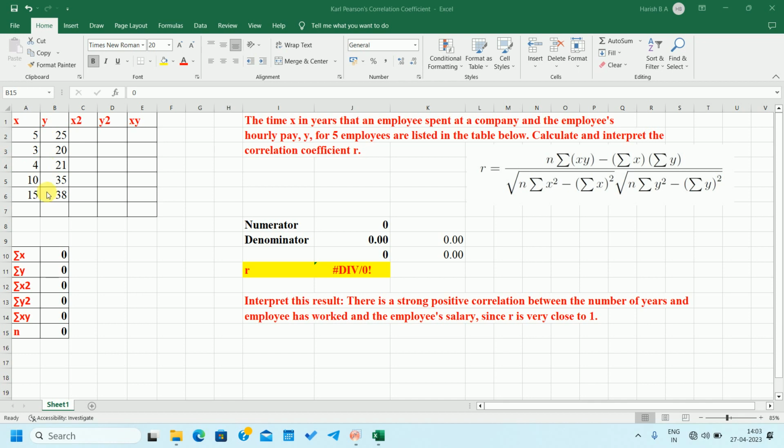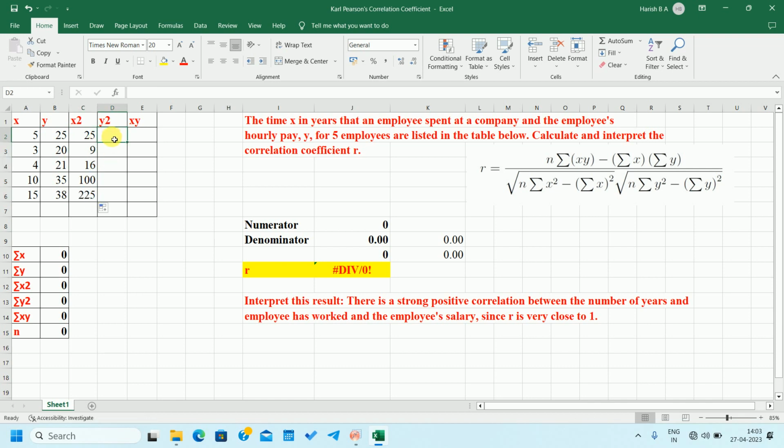So X, Y. So next, it is required to calculate X square. So it can be calculated as, so I'll just drag it for all the remaining cells. So this is X square.